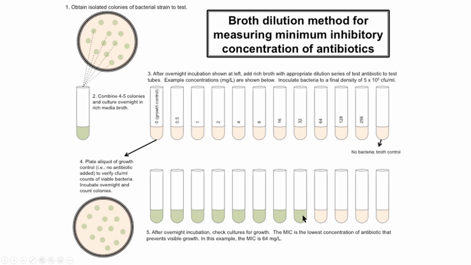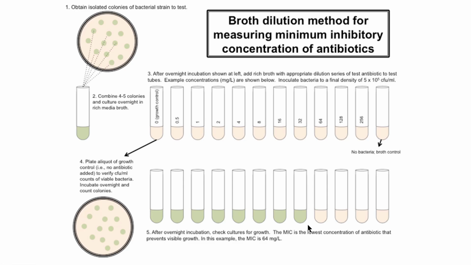So the minimum concentration needed to kill the organism in this example is 64, because at a concentration of 32, the organism was growing in the test tube, but at 64 or higher, nothing was growing in the test tube. And that's how they measure the minimum inhibitory concentration for a specific antibiotic.